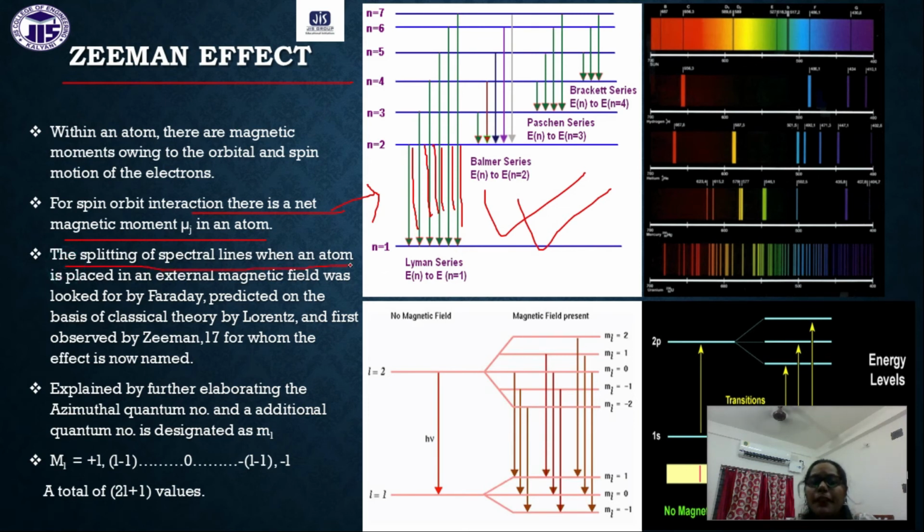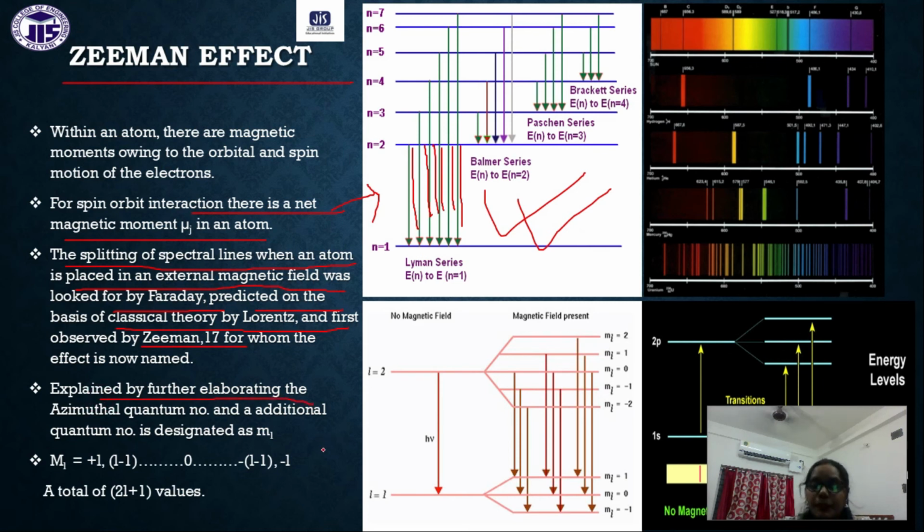The splitting of spectral lines when an atom is placed in an external magnetic field was first observed by the scientist Faraday, that the line splits into very closely spaced lines which look like a band. This was ultimately predicted on the basis of classical theory by Zeeman.